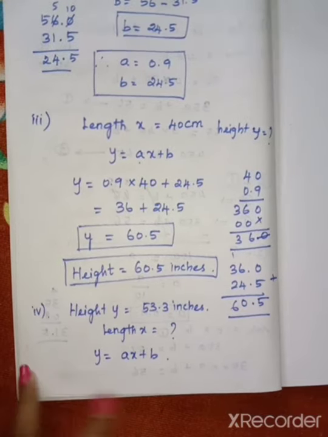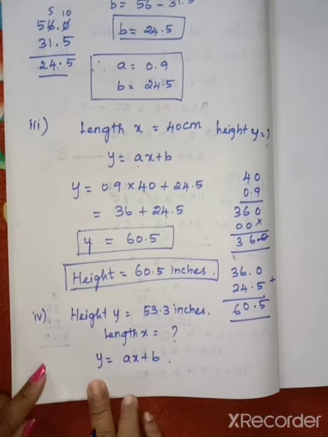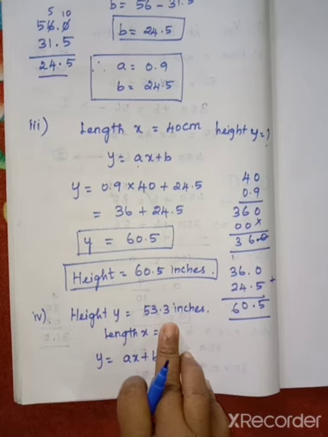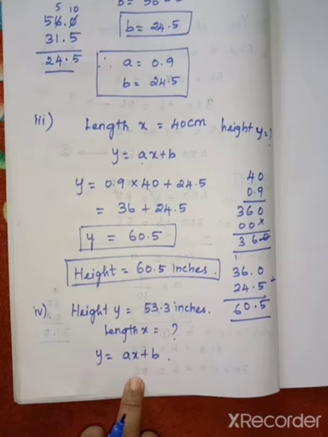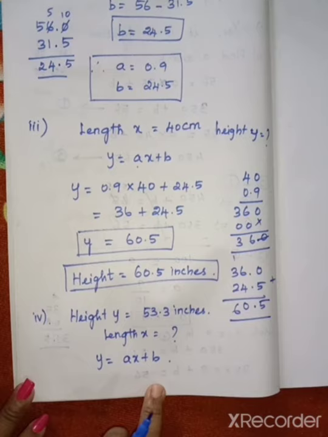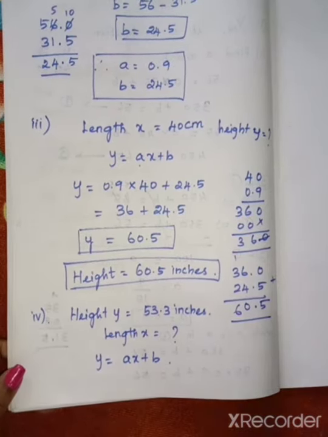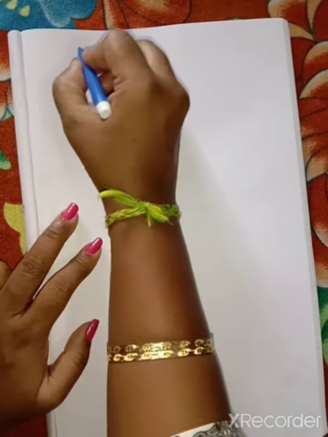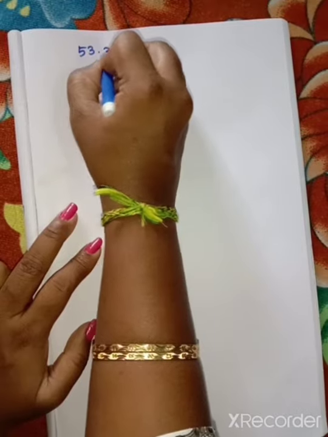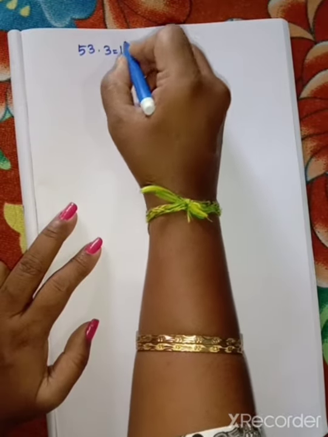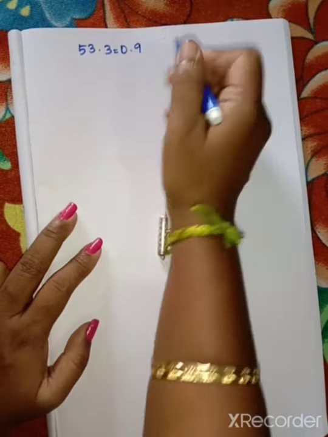So here we want to substitute. In place of y you have to substitute 53.3, and a and b we already found in the second subdivision. So those are the values we substitute. So 53.3 equals, in place of a, 0.9.